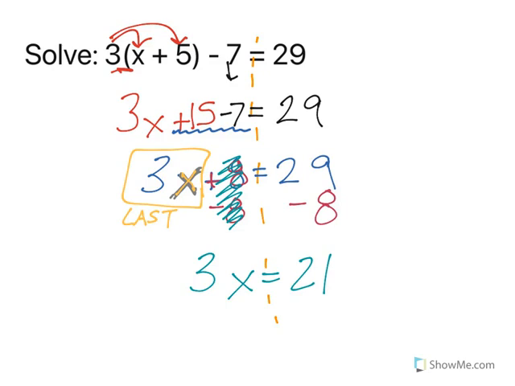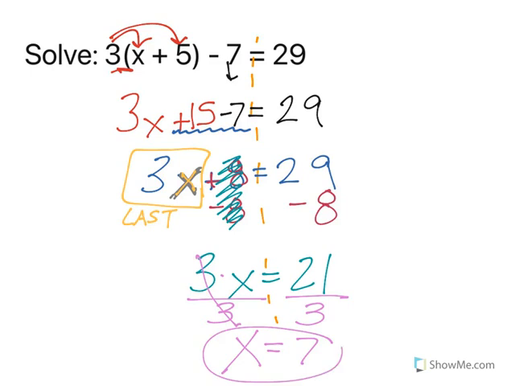Now, the only thing I have left on the left side is the 3 times x. So if this is 3 times x, the opposite of multiplication is division. So again, I'm acting upon this piece, so I have to do that to both sides. So anytime you're introducing a new step, in this case, I'm introducing division, I have to do it to both sides. So now I have 3 divided by 3 is 1, and 21 divided by 3 is 7.